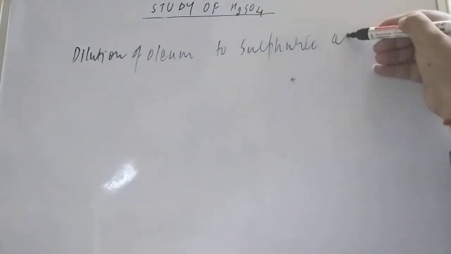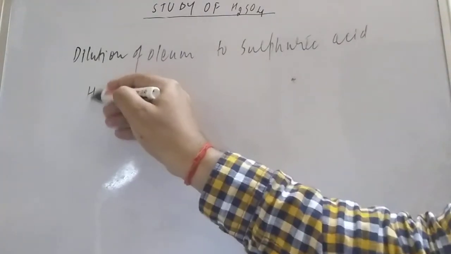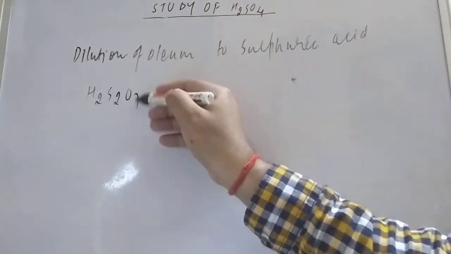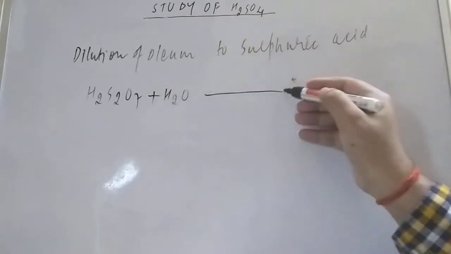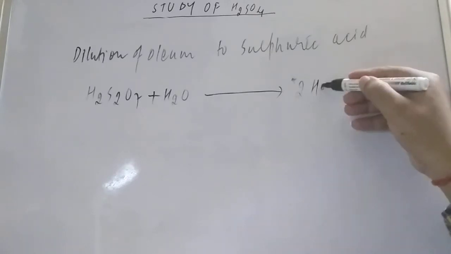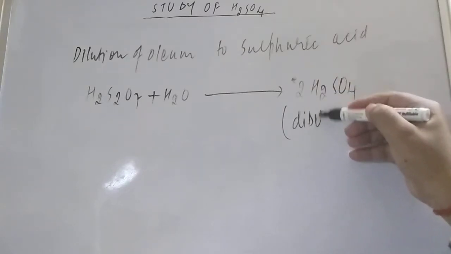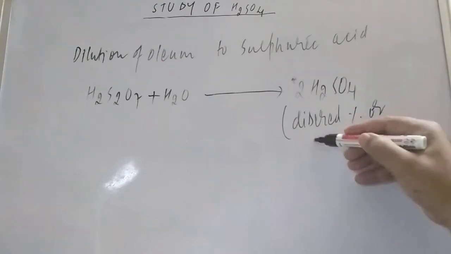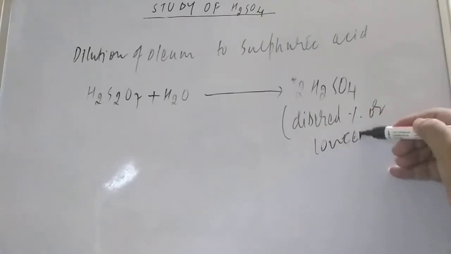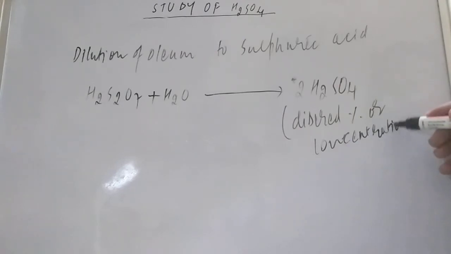This H2S2O7, if you treat with water, will give 2 moles of H2SO4, the desired percentage or concentration. Suppose you need 30%, 40% concentration, that much percentage of sulfuric acid you will be able to get.